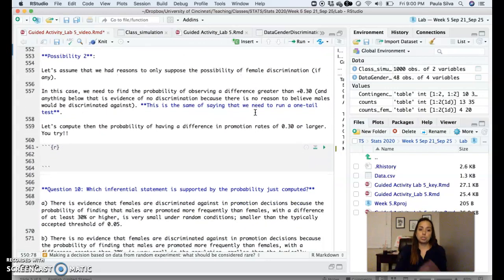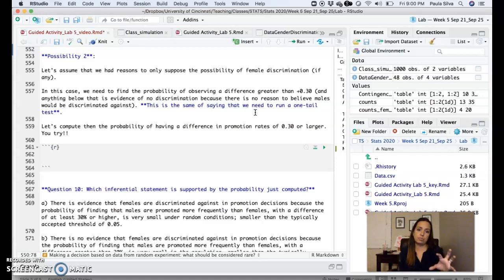Now, possibility 2, which is what we probably would do in this situation: we're going to assume that we have reasons to believe that there is one possible kind of discrimination, which is against females. In this case, we need to find the probability of observing a difference greater than 0.30, and anything below that is evidence of no discrimination, because there is really no reason to believe that you would have extreme values in the other direction.